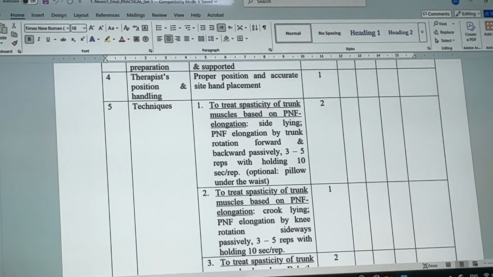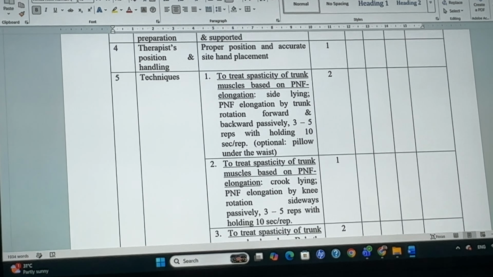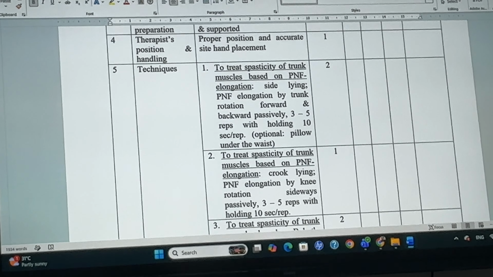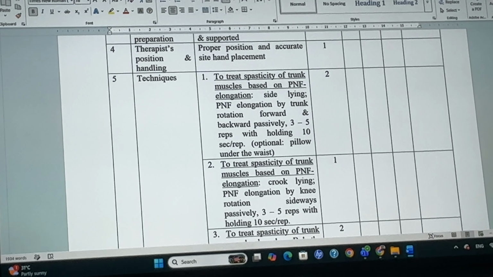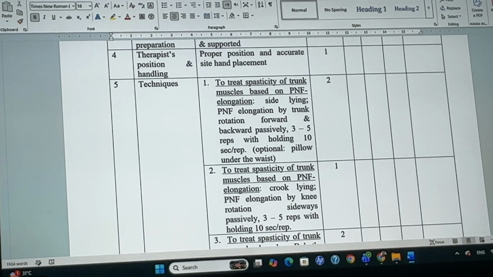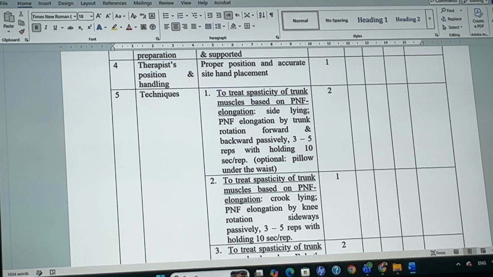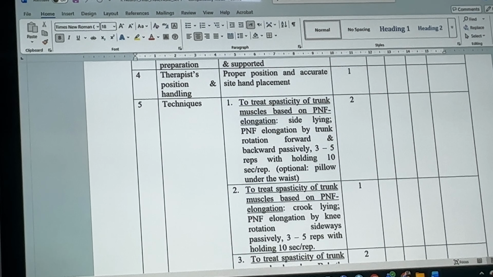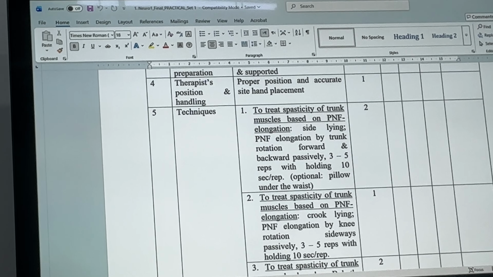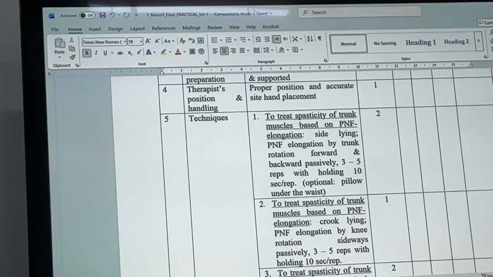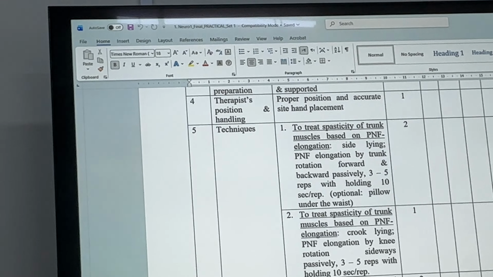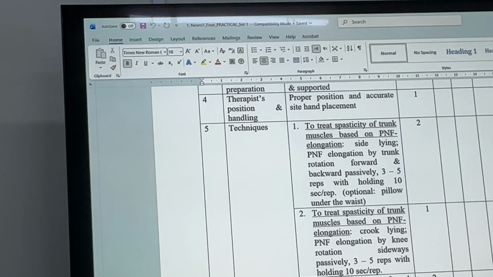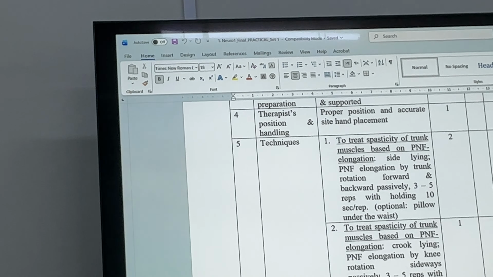When the question says to treat based on conventional approaches, you need to use PNF, because these approaches have facilitation and inhibition.